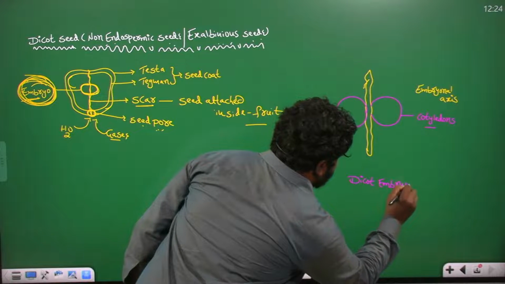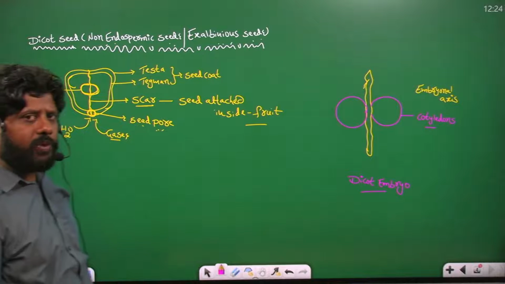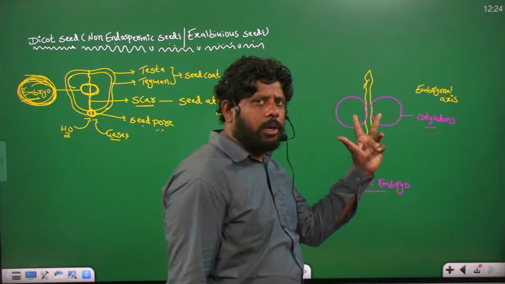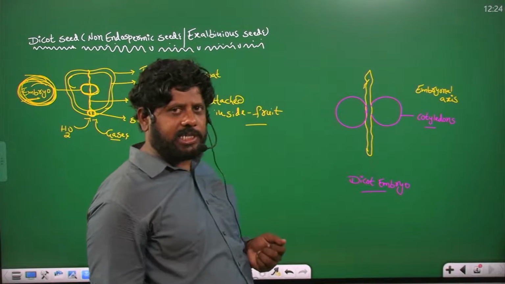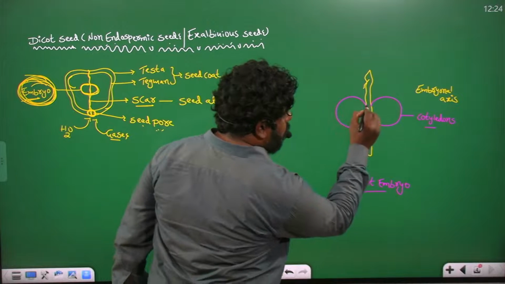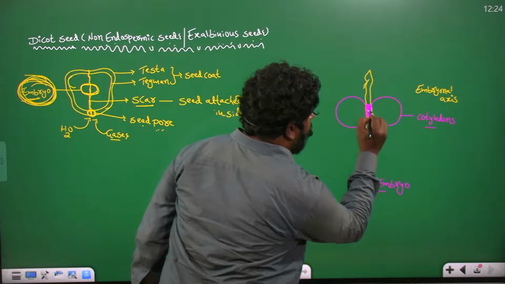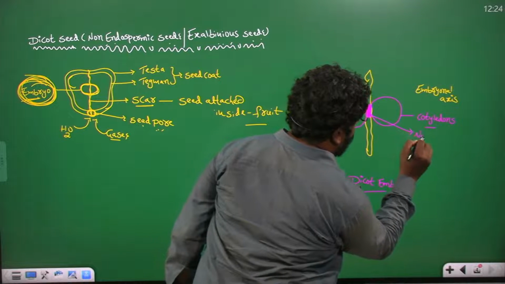The embryo which is present inside the dicot seed is called the dicot embryo. In it, two cotyledons are present. The two cotyledons are attached to the embryonal axis. Where two cotyledons are attached to the embryonal axis, that point is called the node.